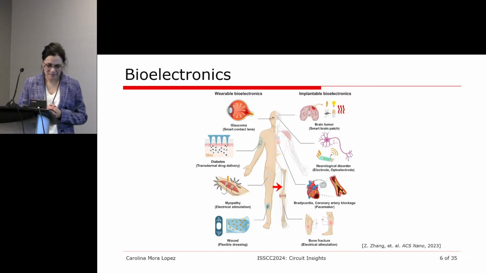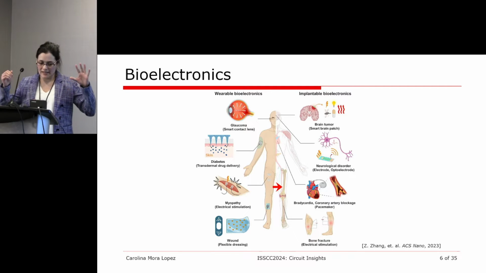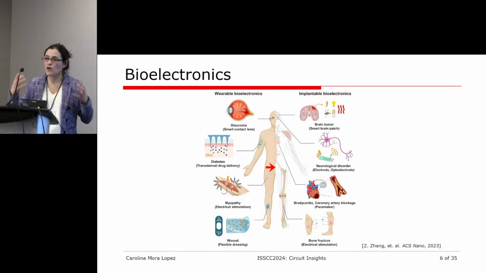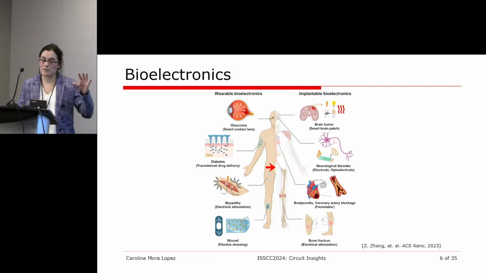If we think of the human nervous system, what we will actually find is a very complex set of electronic pathways. What a bioelectronic device is going to do is enable a doctor to interface with these pathways.